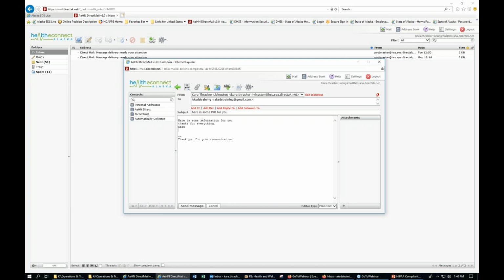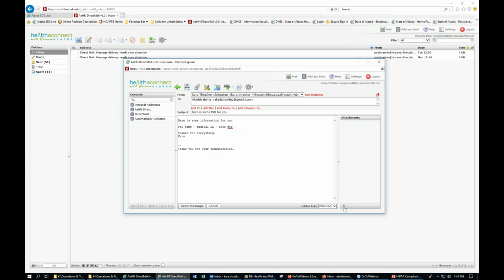Okay, I'm going to add an attachment. So maybe this contains PHI, name, medical, DX, info, etc. So the body of the email could have PHI. Then I want to add an attachment.